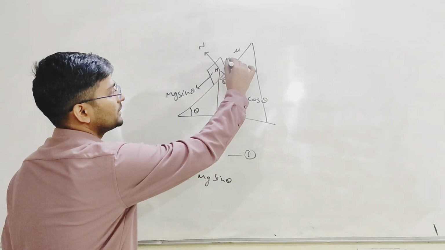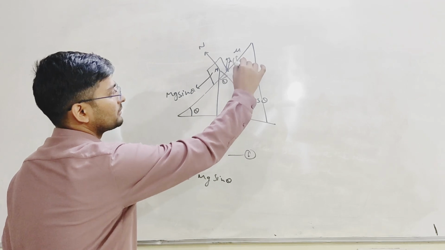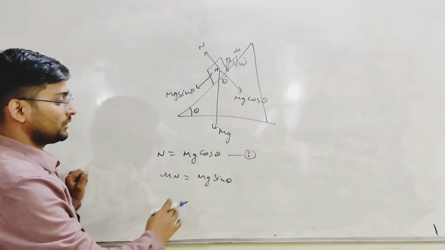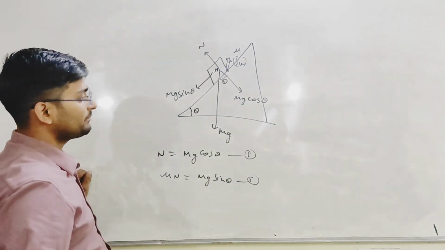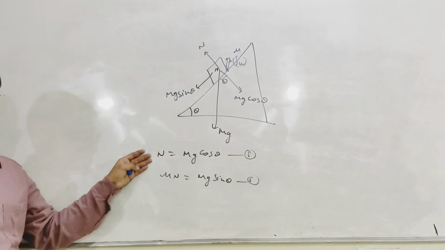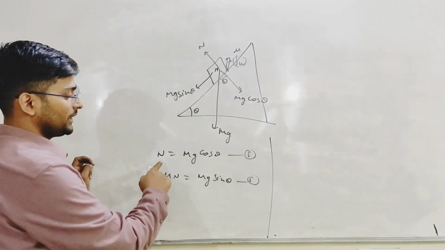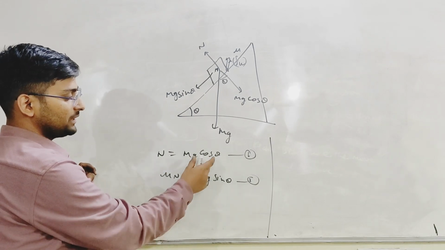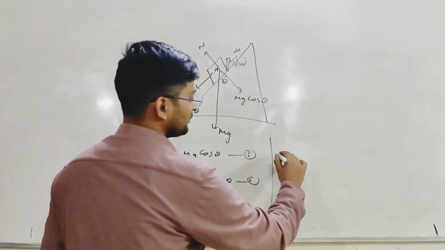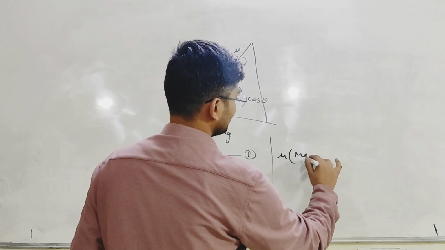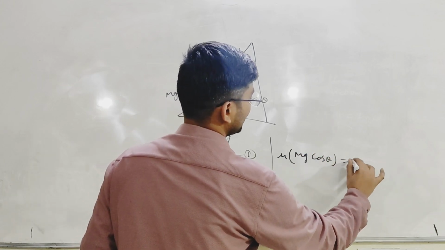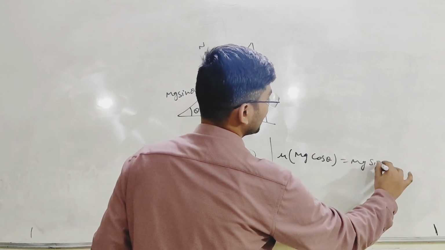This is the kinetic friction, right? Now, considering these two equations, N is equal to mg cos theta, which we use here. Then mu mg cos theta is equal to mg sin theta.